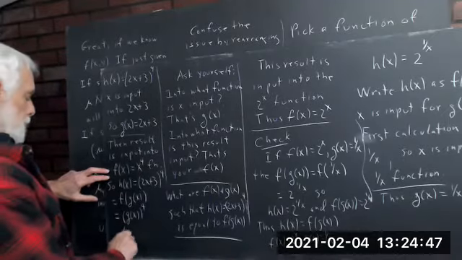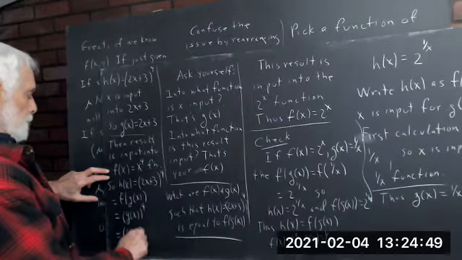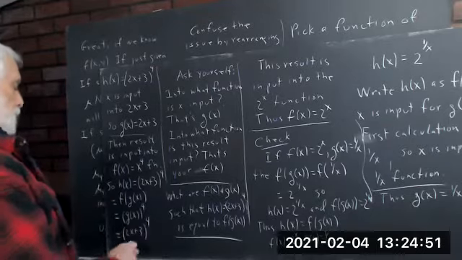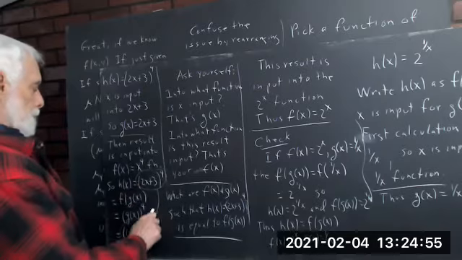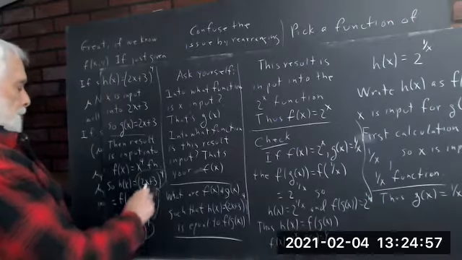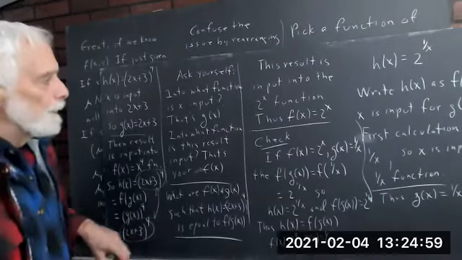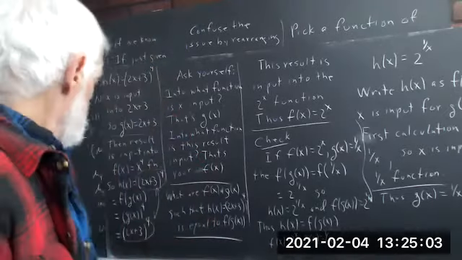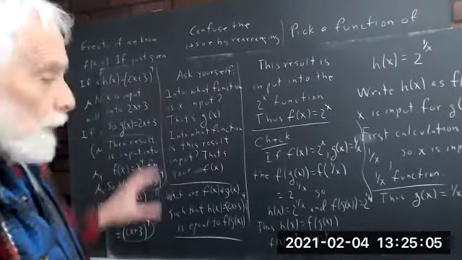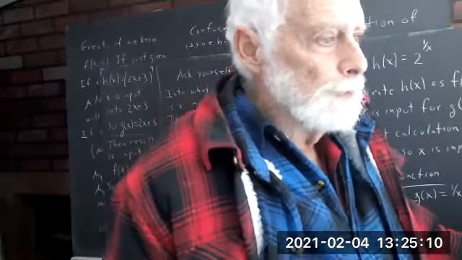And of course, g of x is 2x plus 3, so this is equal to this. Okay, that should give you the flavor of how to do some of these questions.